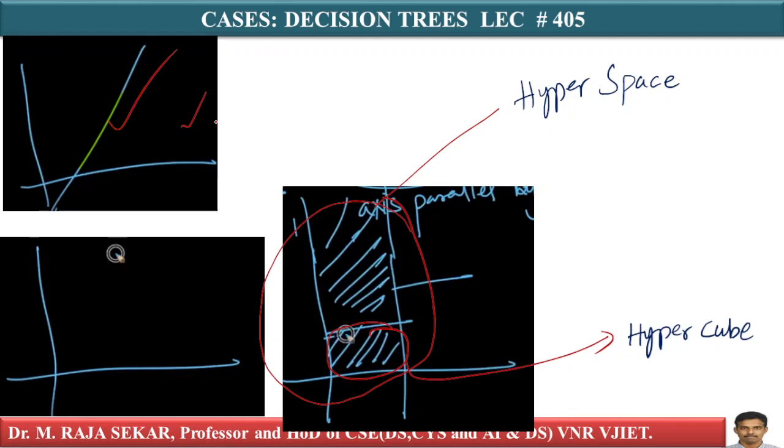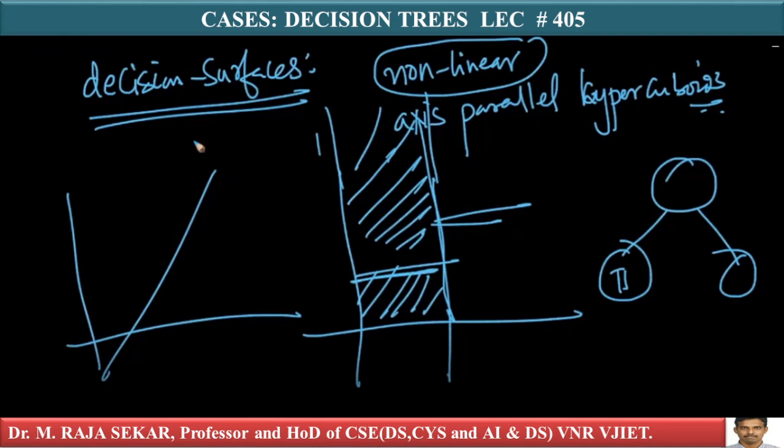One decision plane corresponding to each node. Each decision plane pi corresponds to a node in the decision tree, isn't it?